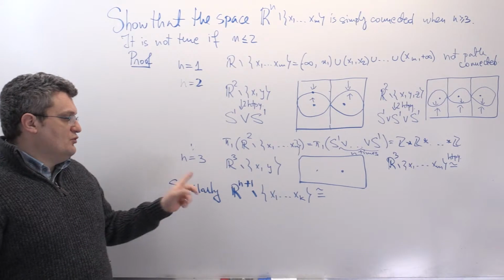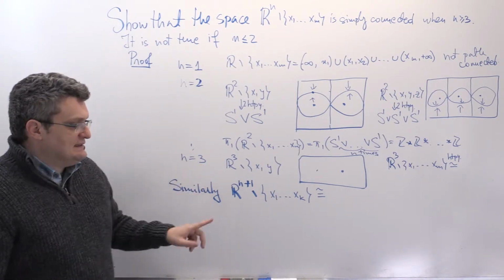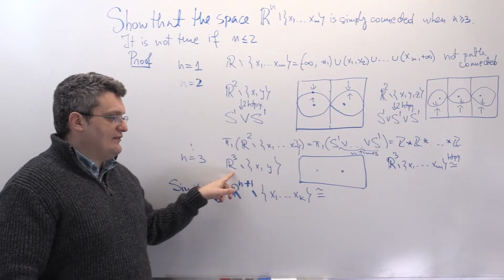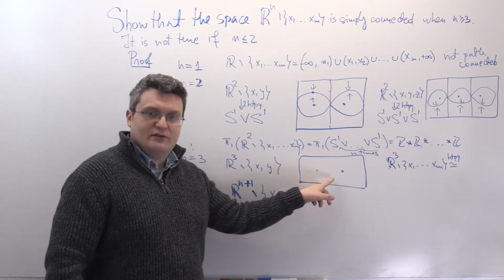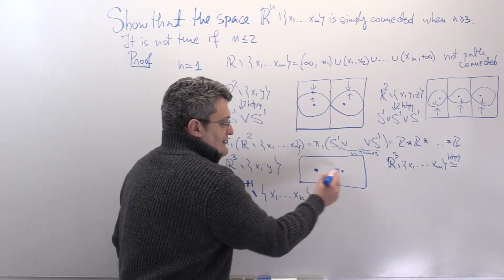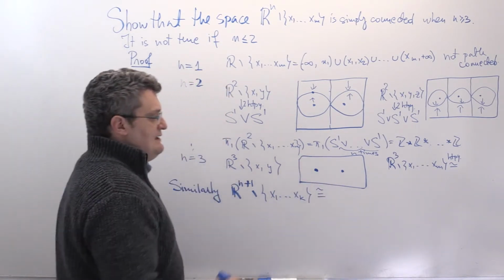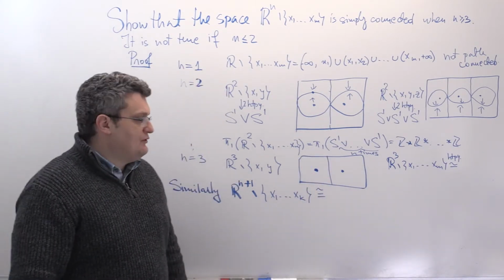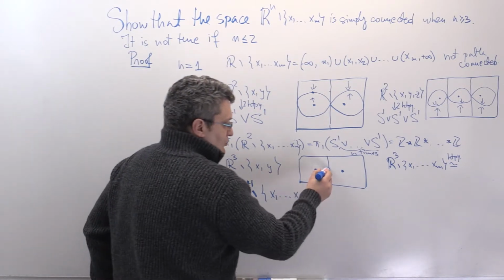So now let's move to the case n equal 3. So we will try to take out 2 points from R3, and we will try to do the same method on this space. So suppose we miss these 2 points in R3, we divide the space in 2 by a plane. So now what do we have here?